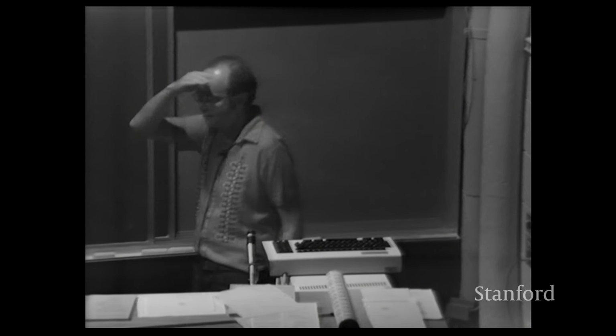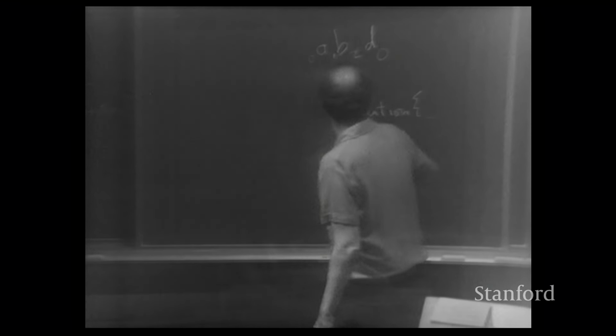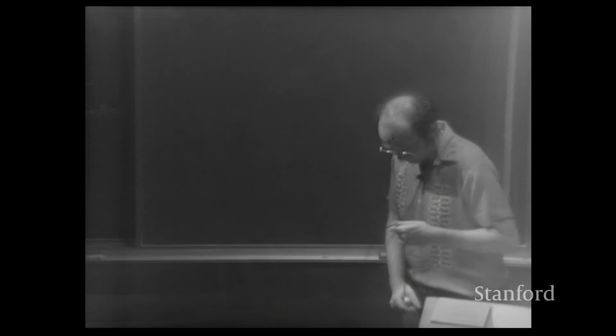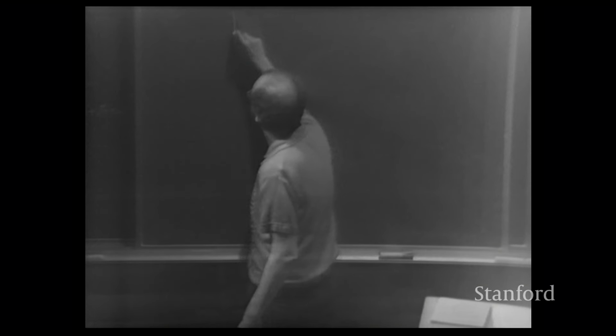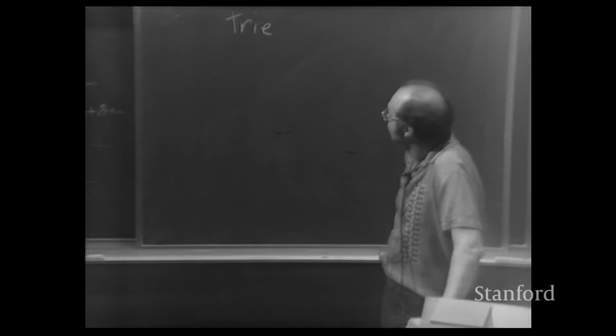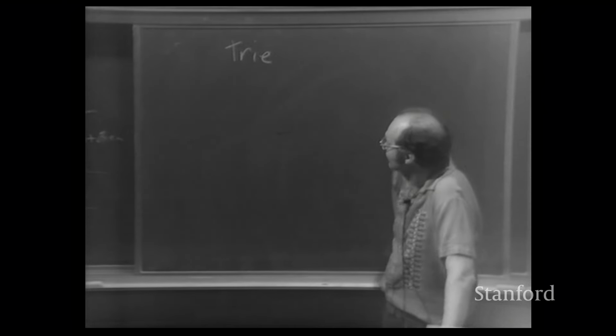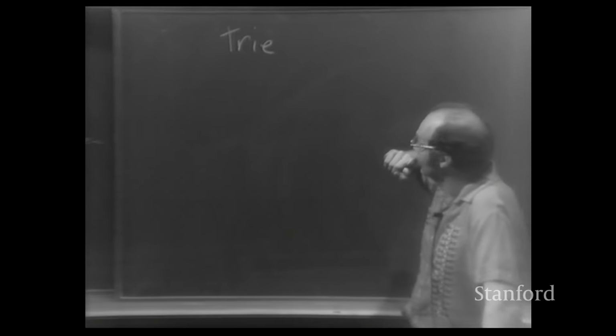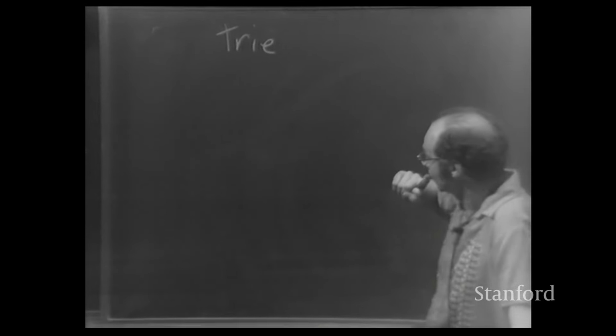Okay, now let's see how they use these patterns to go real fast to do the hyphenation. This idea of a trie is a data structure that I discuss at some length in my book on sorting and searching, and another word for it is a digital search tree.